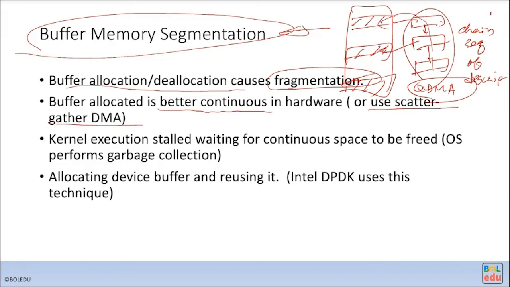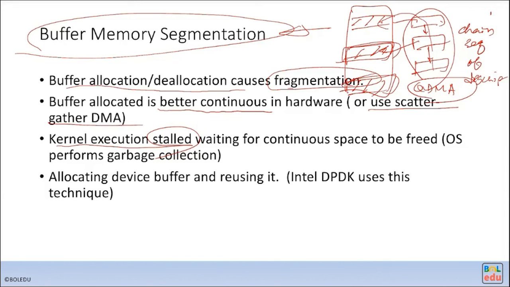Also, every time you allocate memory, you trap into the OS, so it's not very efficient. Often, if you look in detail at the profile of the system running, sometimes you will observe the kernel execution stall. You don't know for what reason the kernel execution simply stalls for a long time.